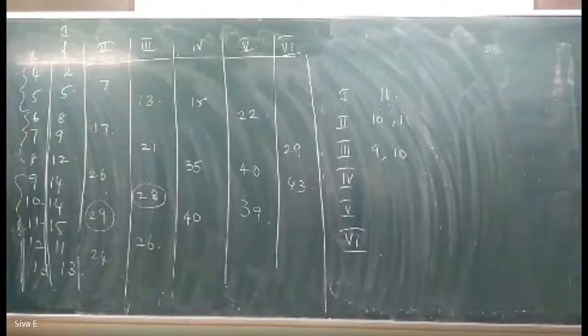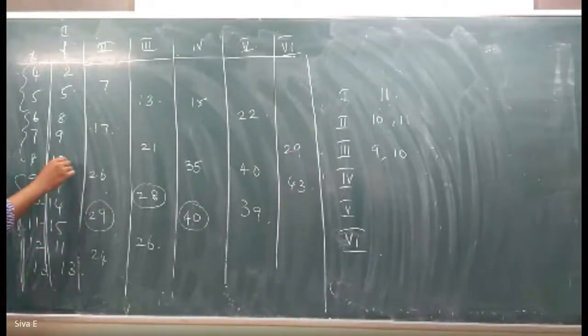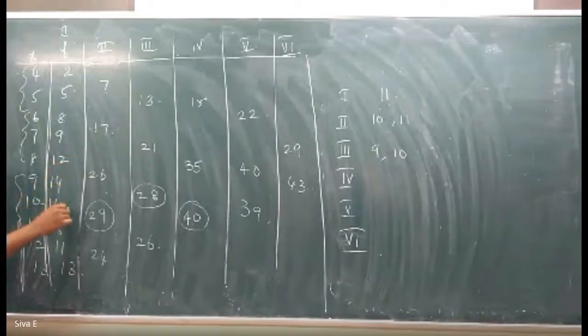Next one, fourth one. 40 is the maximum. For the 40, which ones are you adding? To get 40, you are adding 12, 14, 28, 40.